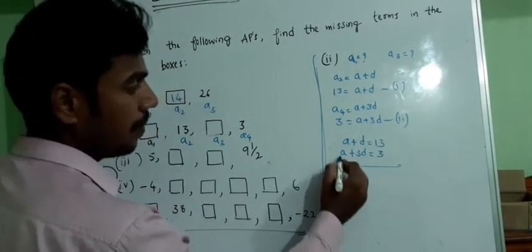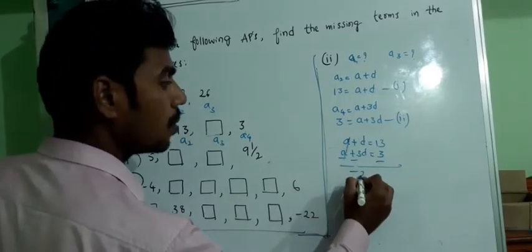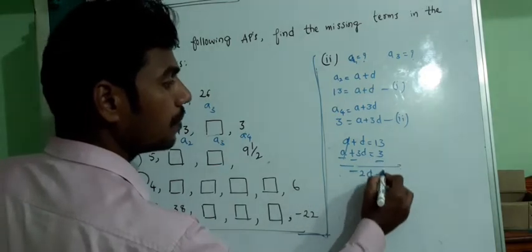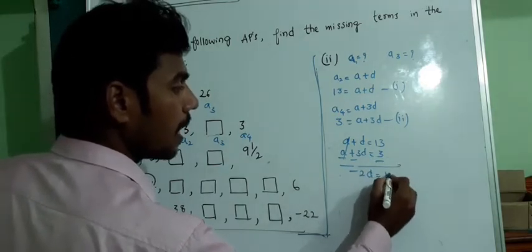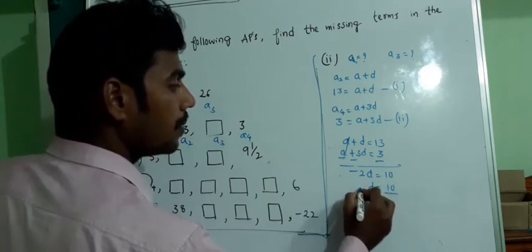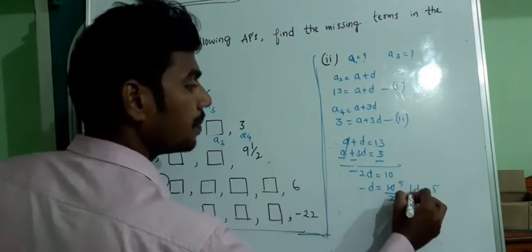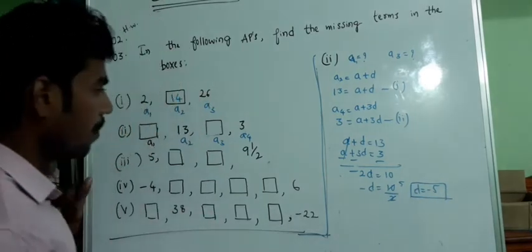If I subtract, a will get cancelled. Minus 2d is equal to 10, or d is equal to minus 5.